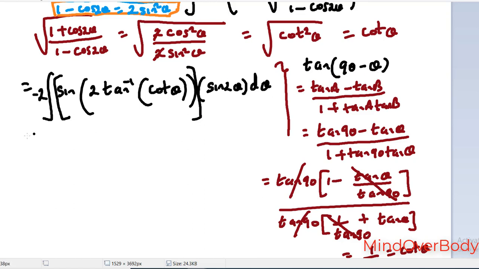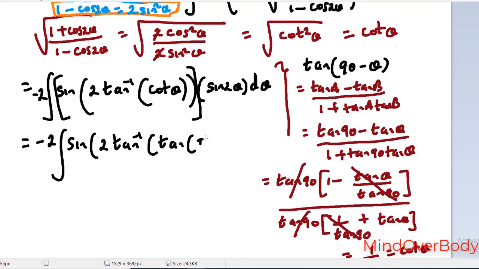So it's going to be negative 2 times the integral of sine of 2 times tan inverse of tan of pi over 2 negative theta. So that is for the quantity inside, and I think I will place a huge parenthesis over here, and that is followed by sine 2 theta times d theta.